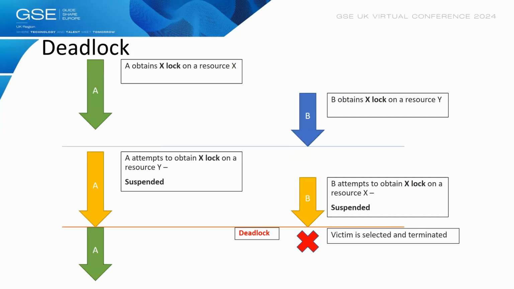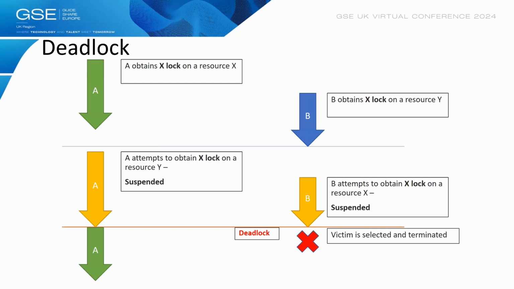Deadlock is a bit different. So I have, again, transaction A and B. So A starts and obtains an exclusive lock on some resource, and B does the same, also obtains an X lock, but on a different resource, on a resource Y. And then transaction A wants to obtain an X lock on the resource Y, which is held by B already, and B wants to do the same, but on the X resource.